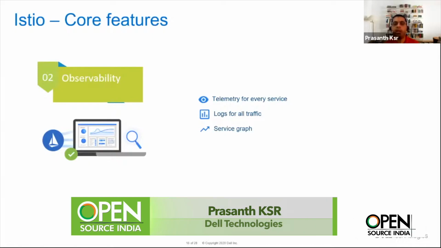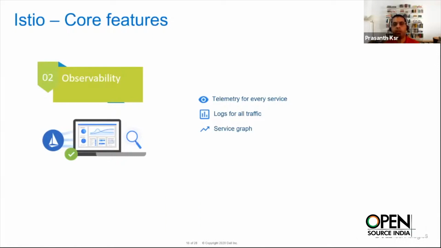It's about very fine, granular data, and also logs for all the traffic, not only the ingress and egress, but also the communication happening between the microservices themselves. And you also need a service graph, as a picture is worth a thousand words. It's the same ideology.